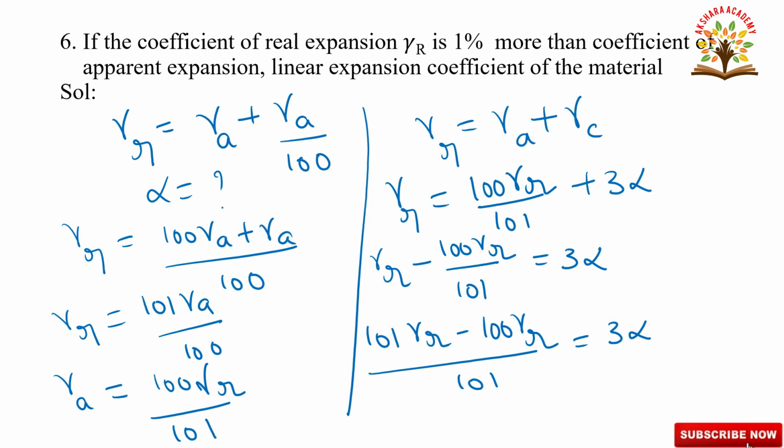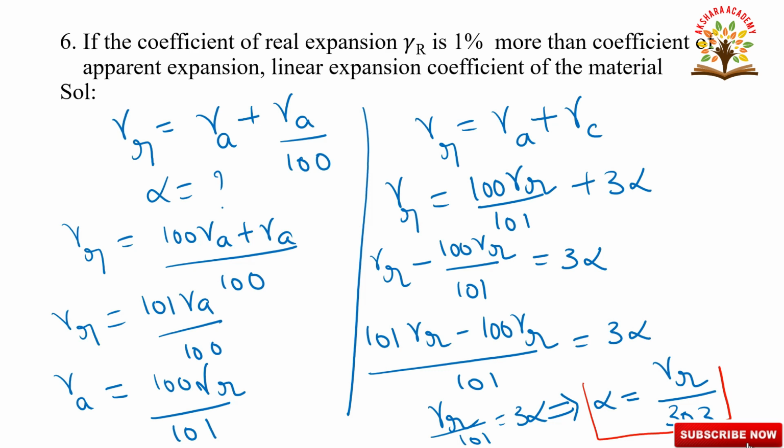So here 101 minus 100 is 1, so gamma R by 101 is equal to 3 alpha. Finally alpha is equal to gamma R by (101 into 3), that is 303. So the coefficient of linear expansion alpha is equal to gamma R by 303. This is the final answer.